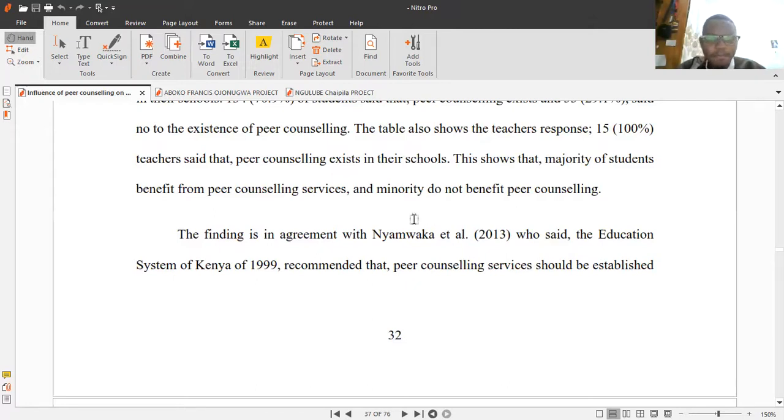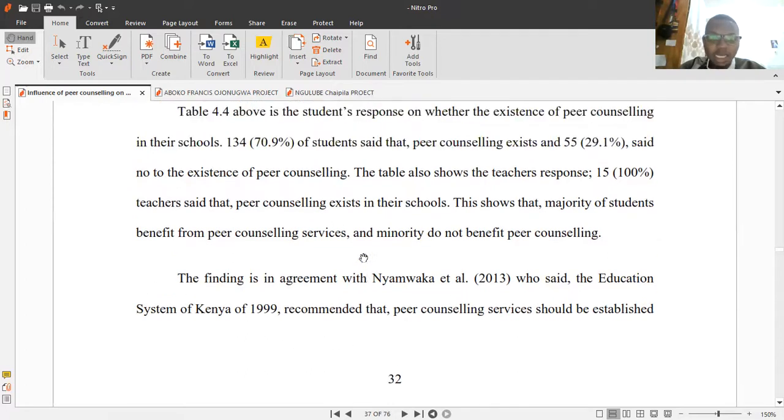And then it already contradicts the education system of Kenya of 99, which recommended that in schools there should be the implementation of peer counseling. I get to the point: peer counseling or counseling services. Why is it that it's not yet implemented all these years? How many years? 21 years down the line. Why is it not implemented? Then we could have said there is a problem somewhere. But this one is just to say it is supporting.